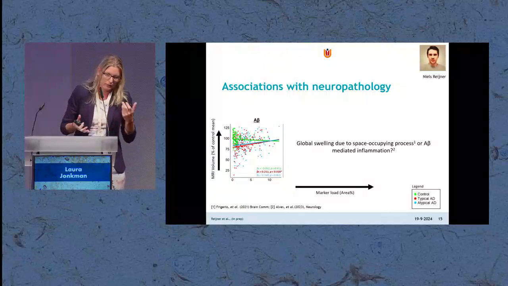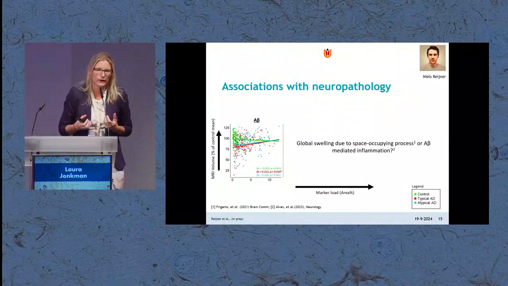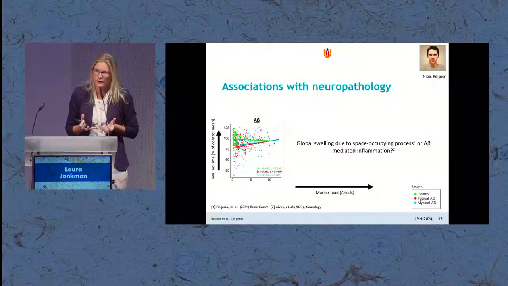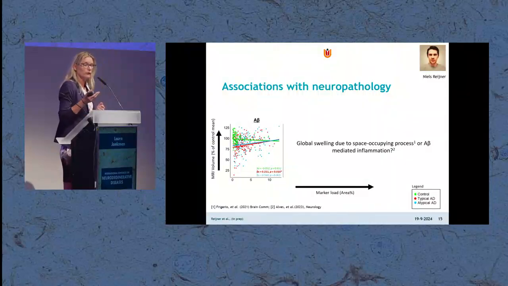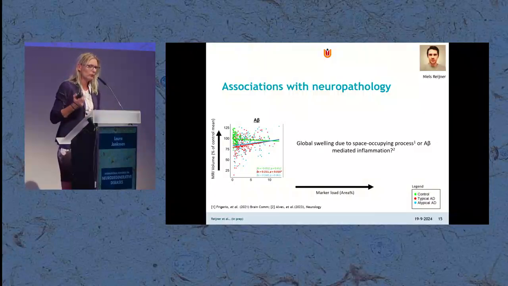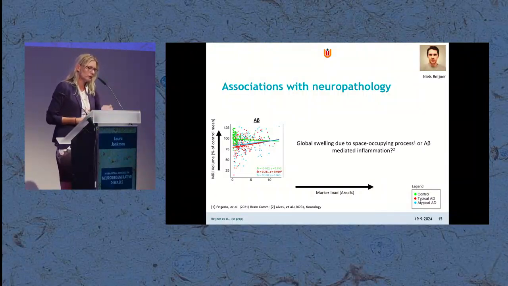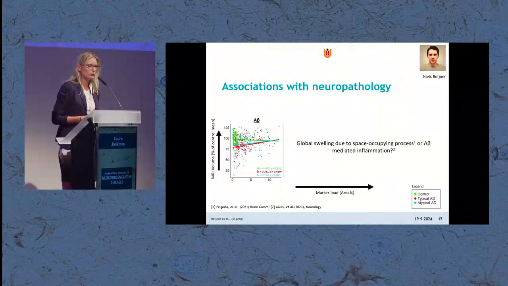Others had looked into the mediating factor of inflammation in there. However, this kind of information is quite important towards, for instance, the disease-modifying treatments, in which if you clear amyloid, you may observe a decrease in volume. That's also what some of these studies are showing, and what we also show here with the neuropathology in amyloid.